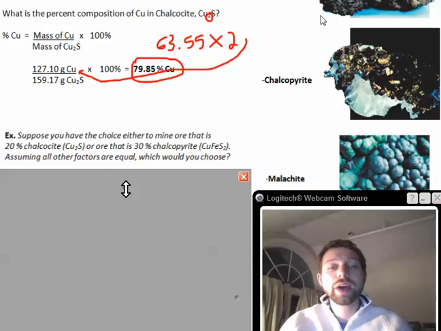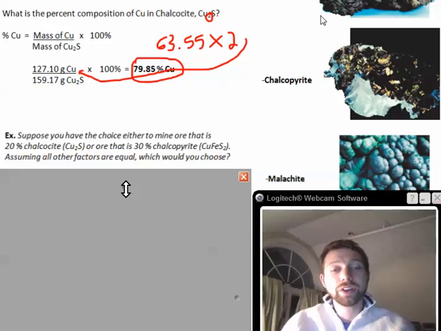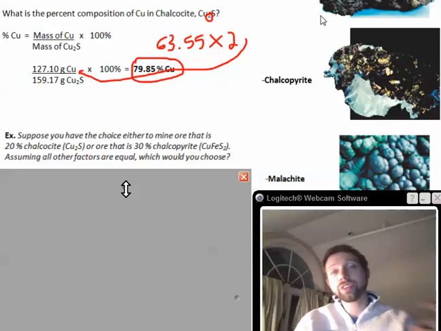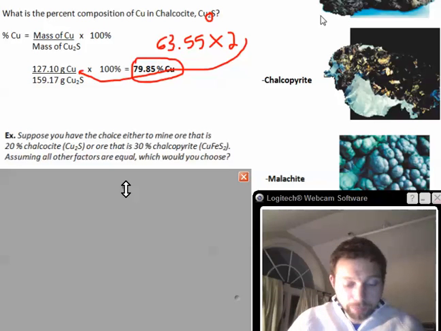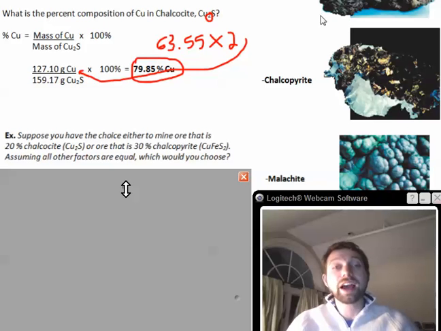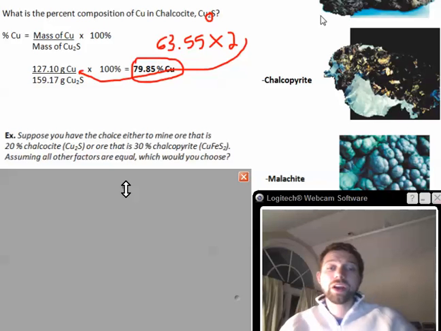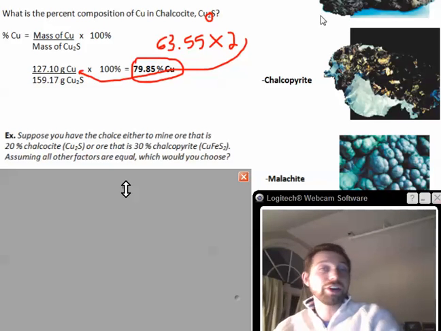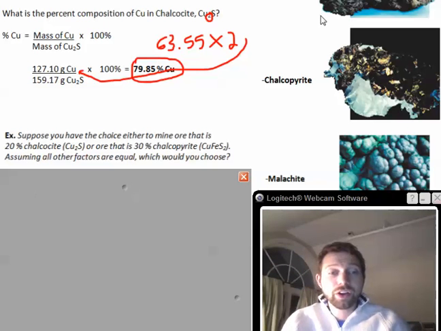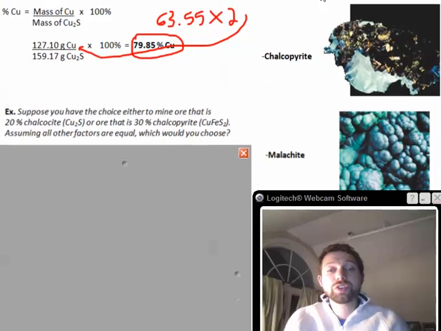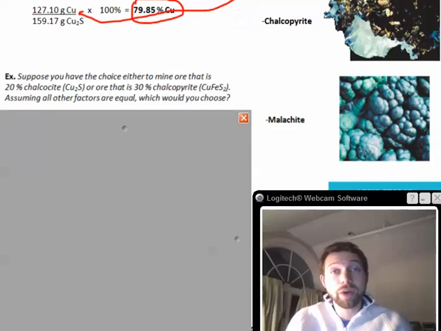So suppose you had the choice of either mining 20% chalcocite, that means that of the ground that you are digging up, 20% of it is chalcocite, okay? Or if you had 30% chalcopyrite, that means 30% of the ground is this chalcopyrite. Which one would you choose to dig up, to mine?